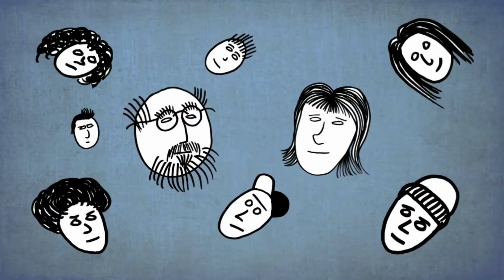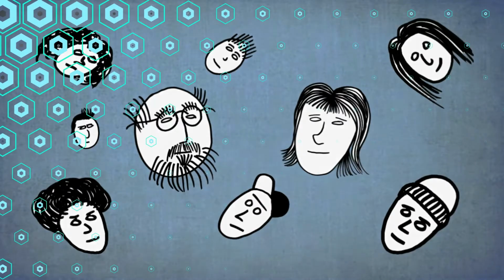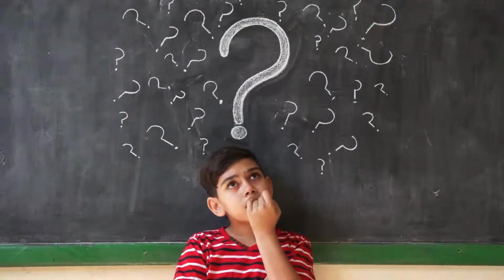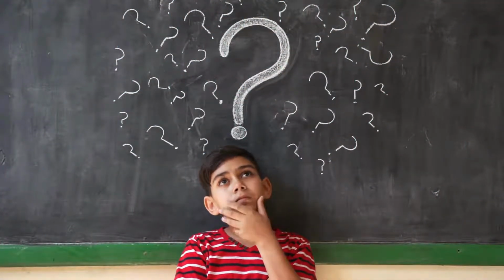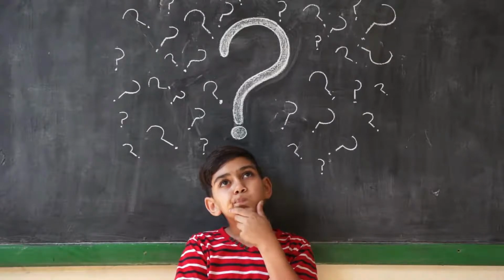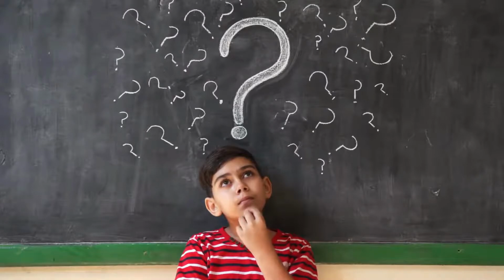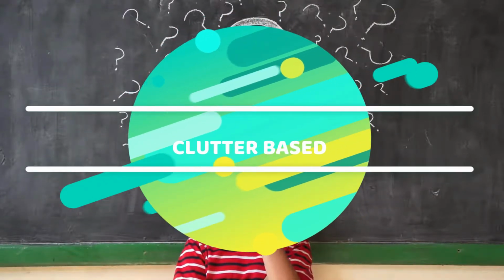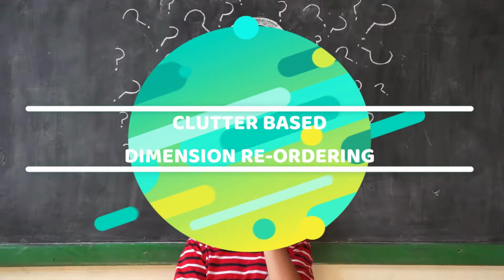Even in the smallest dataset, clutter can make it hard for the viewer to find patterns, relationships, and structure. We define visual clutter as any aspect of visualization that interferes with the viewer's understanding of the data, and present the concept of clutter-based dimension reordering.